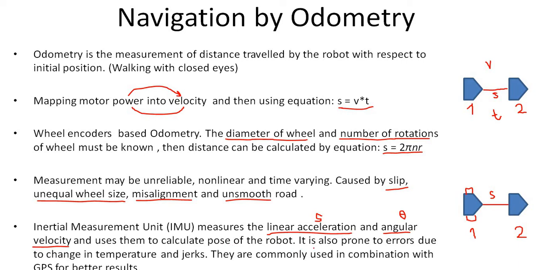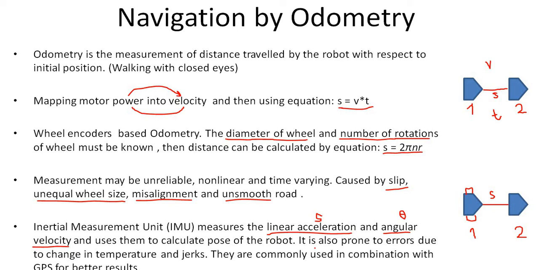But again, with this kind of odometry or this kind of sensor, there are also uncertainties and errors in the measurement, because the IMU sensor is highly sensitive to temperature and also jerky motions.